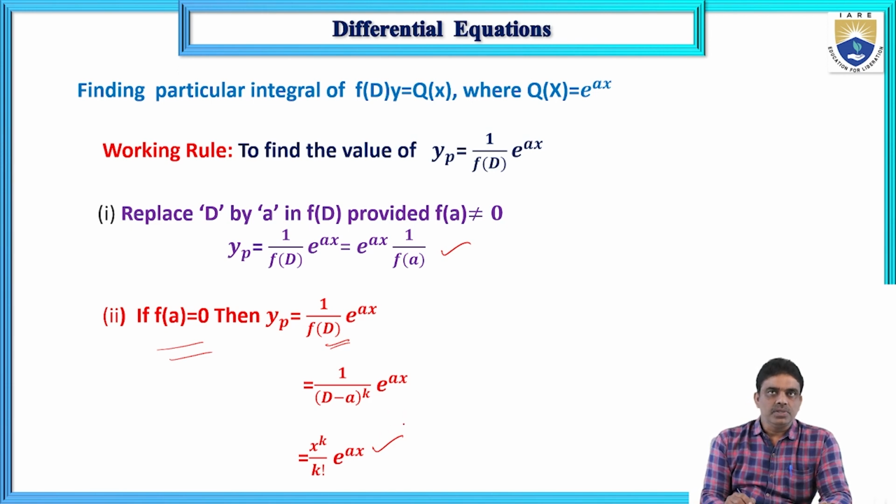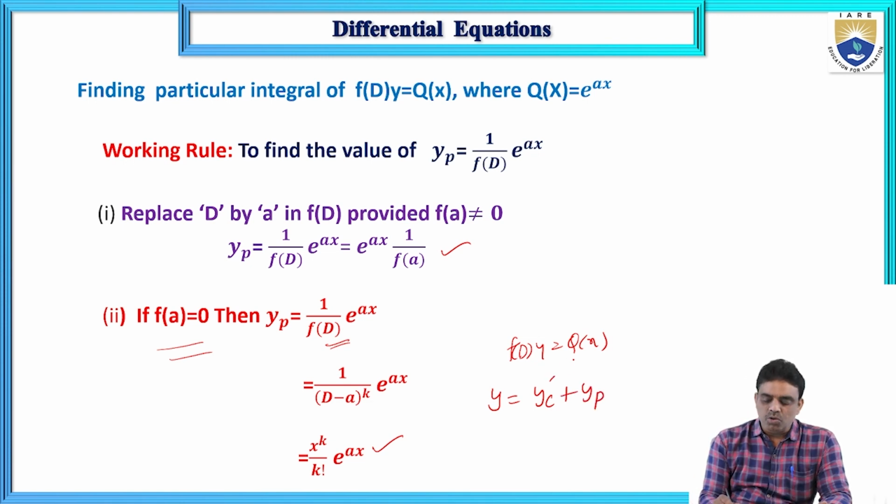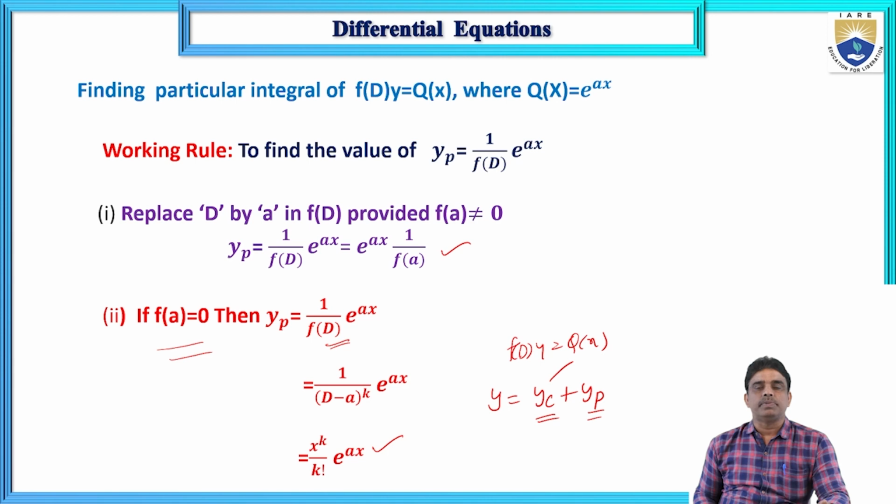So to find the solution of f of D of y is equal to q of x, we have already seen the solution will be the complementary function plus particular integral. We know how to find the complementary function; this is all based on the roots of the equation. We can write yc, and for yp, if it is a function e power ax, then we can find it easily by using this method.